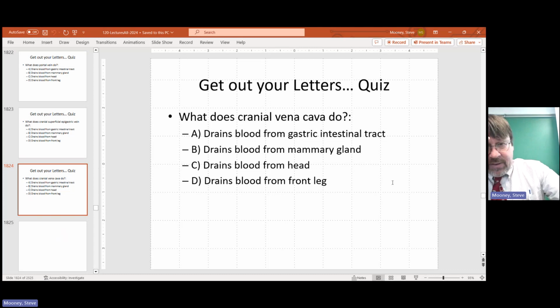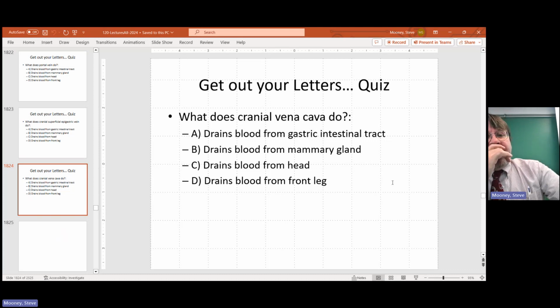Cranial vena cava. That's the last vein before we get to the heart. So what is that going to drain? So any of the answers B, C, or D are correct.